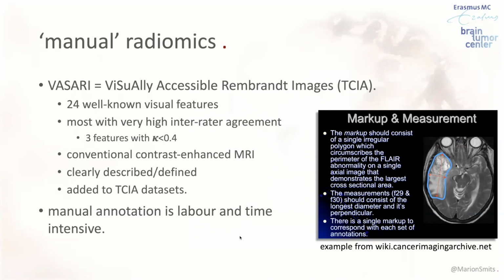People really just did this manually using the Vasari criteria. These are some very well-defined visual features that we can score with a high inter-rater agreement on glioblastoma scans. A lot of scans have been rated like this and added to the TCIA, the Cancer Imaging Archive, with these features. So this is really the first steps towards imaging genomics, with a lot of work from people who annotated these scans manually.